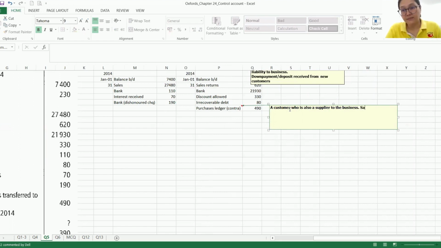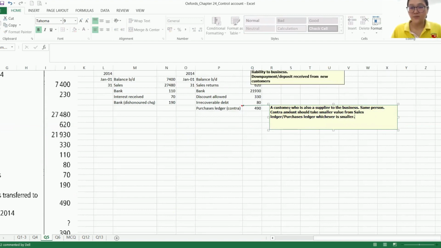Same person, and this amount we take when we have the contra. The amount should take the smaller value from sales ledger or purchases ledger, whichever is smaller.